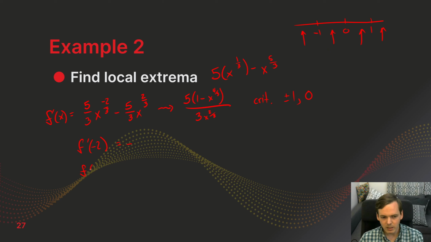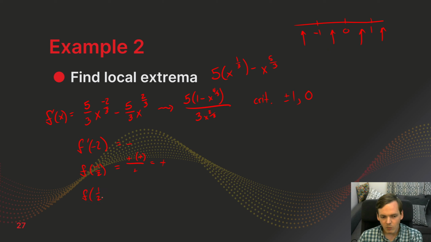Then if we plug in -1/2, by similar logic, we're going to have the positive 5. We're going to have positive, because 1 minus 1/2 to the 4/3 is going to be a positive number. And on the bottom we'll have positive, so this will be positive.